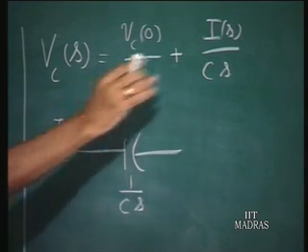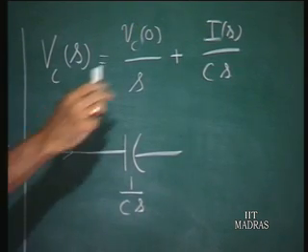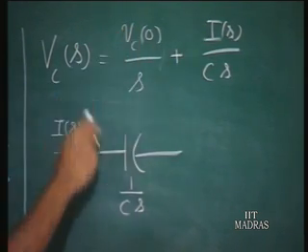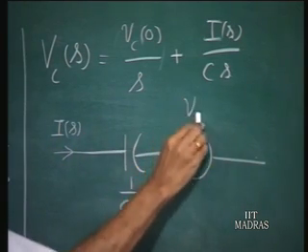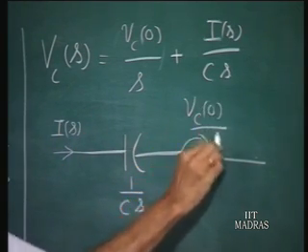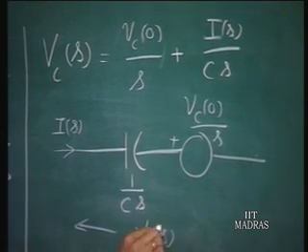So Vc of s is I of s over Cs, plus also you have an additional quantity which does not depend on the current. Therefore, this can be considered to be a voltage source whose value is Vc0 over s. And this is the total terminal voltage across the capacitor.